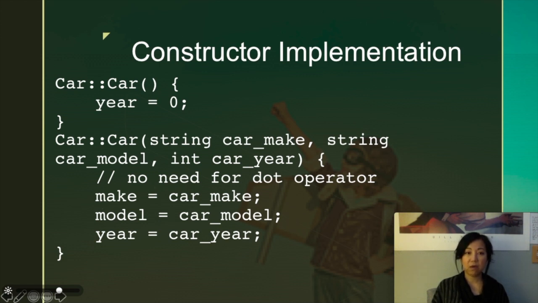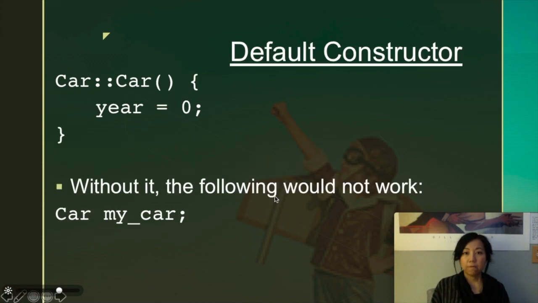So we can access the variables freely. Like we talked about, this is a default constructor, and without it, myCar would not have worked, because there's no constructor being called and the default is not there.